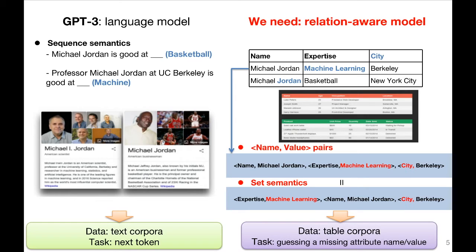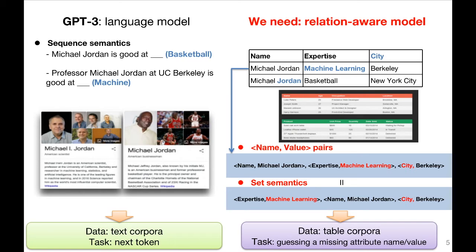However, relational data has big differences from text. For example, the attribute value and attribute name are closely related and play a decisive role in each other. Unlike sequence semantics, relational data has special set semantics. The order of different columns will not affect the semantics of each tuple.